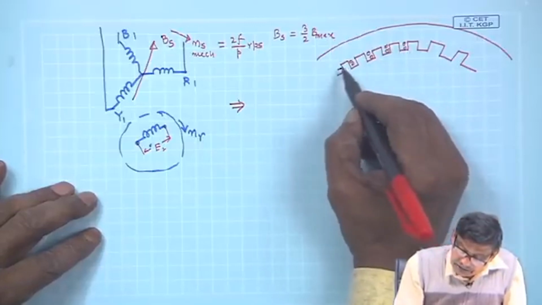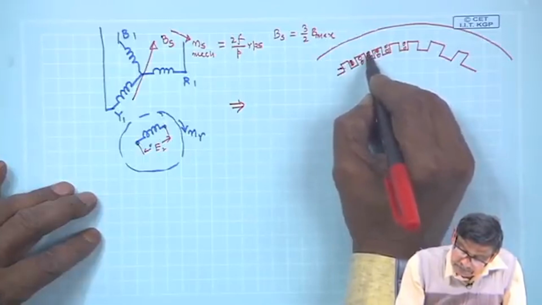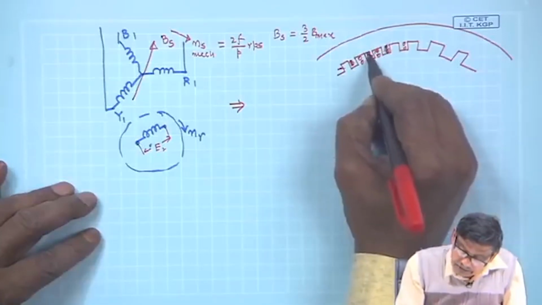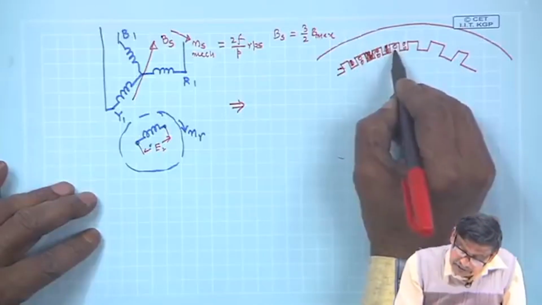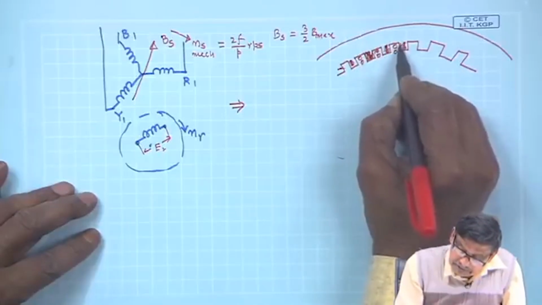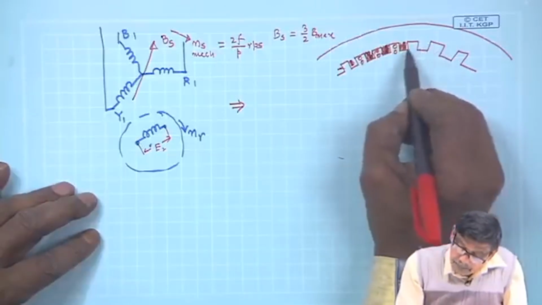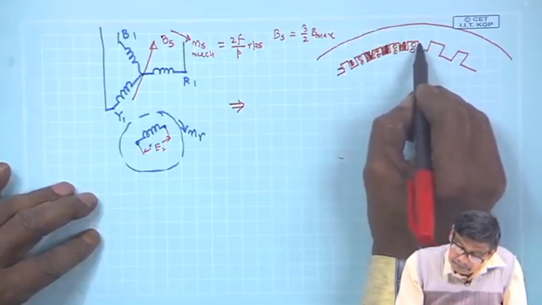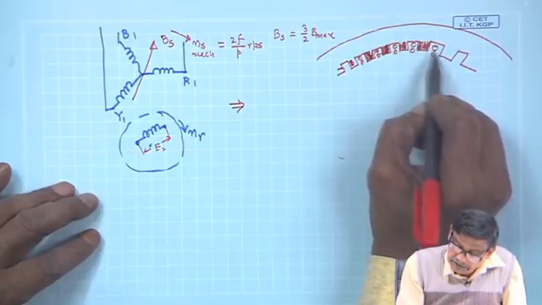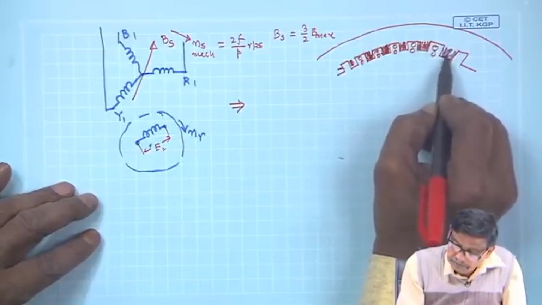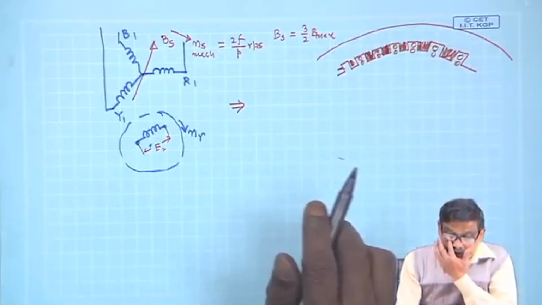I am drawing totally wrong, it should be here, is it not? These are slots. In these slots the conductors are there, on the inner surface, this is slot, this is slot. This is slot, and here you place the conductor, slot, here you place, like that 3-phase balanced winding is there on the stator.